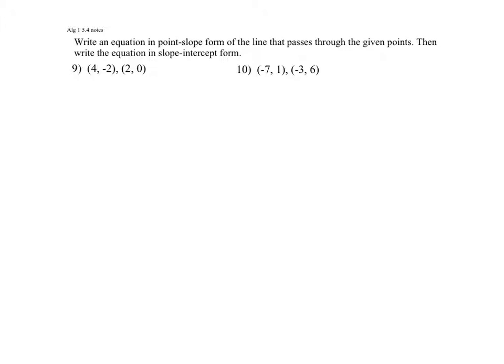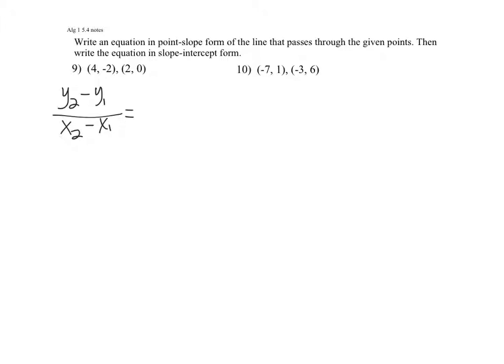All right, for number 9 it says write an equation in point slope form of a line that passes through the given points. Then write the equation in slope intercept form. So what we need to do in number 9 is figure out what the slope of the line is. We already have a couple of points, and we can use those points to determine the slope. We know our slope formula, which is y sub 2 minus y sub 1 over x sub 2 minus x sub 1.